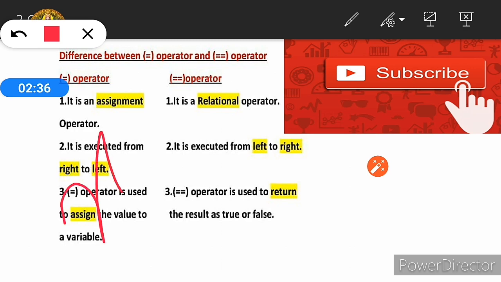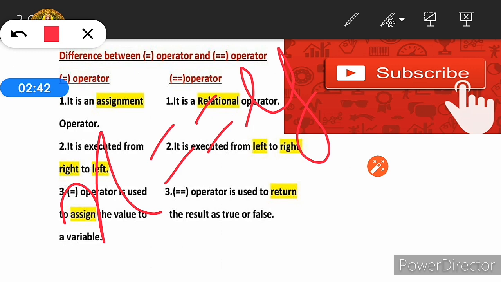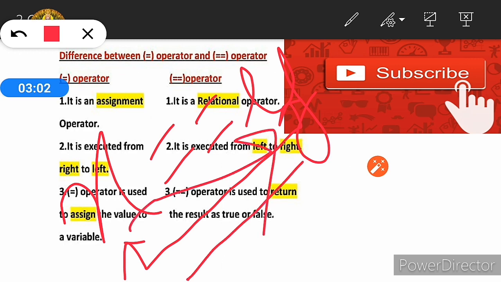For example, considering x == y, the compiler will check whether the value of x is equal to y. It will not check in the way of y equal to x. It will check if x is equal to y, so its associativity is from x to y, that is, from left to right.